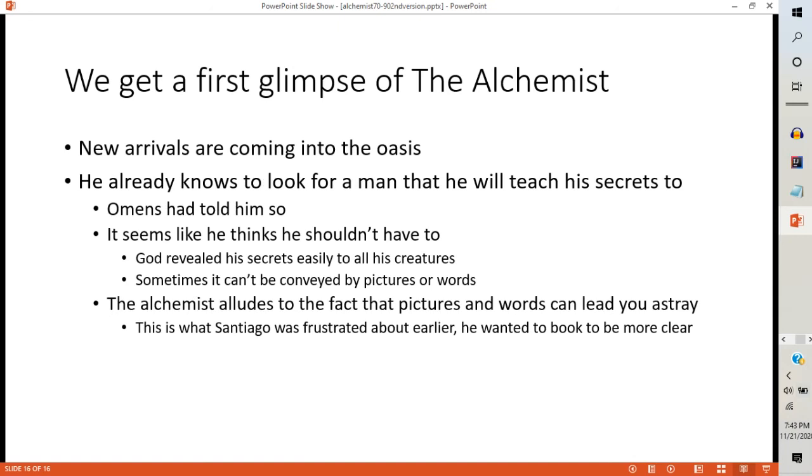And the alchemist here, when we're looking at it from his perspective, is like, well, the secret's right there. It's not always going to be in picture perfect words or clear instructions. It sounds like you have to have a good relationship with yourself and God to have these secrets revealed to you.